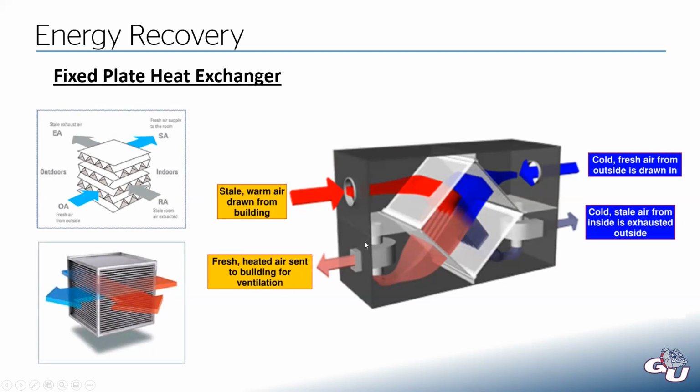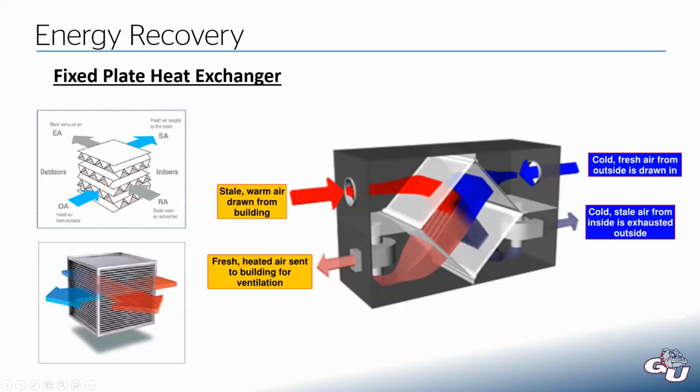We end up with warm, fresh air on one side and cold exhaust air on the other. And this image here shows how these plates are interlocked. So like I said, these air streams are not mixing together. We don't want to do that because that would dilute the ventilation air that we're trying to send into the building.